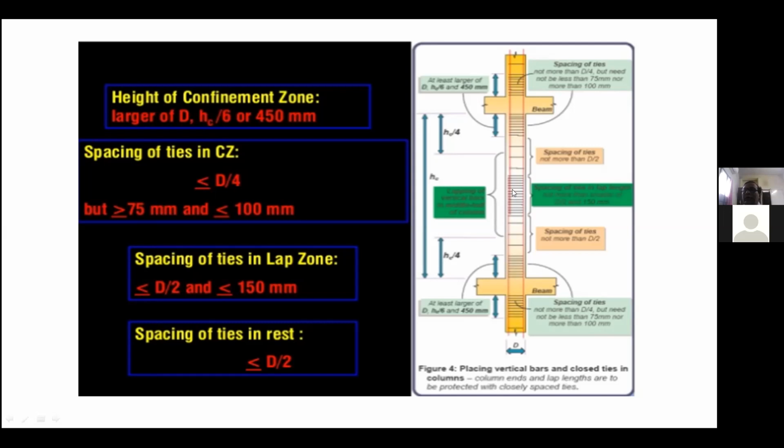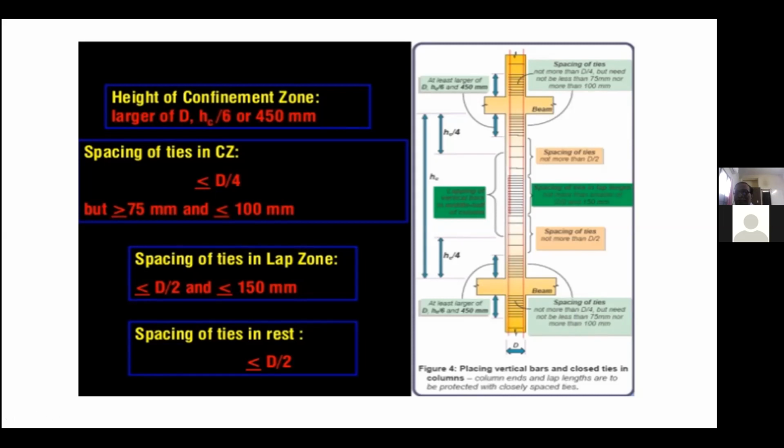The spacing should not be more than 150 millimeters. Now coming to the beam column region, that is HT by 4, we have to provide more close stirrups. The spacing should not be more than D by 4, but need not be less than 75 millimeter, nor more than 100 millimeter. So it varies from 3 inch to 4 inch, or 75 millimeter to 100 millimeter, in the beam column region.